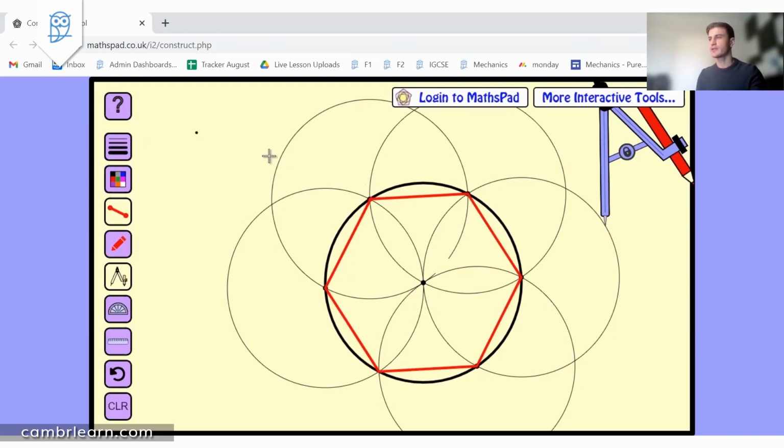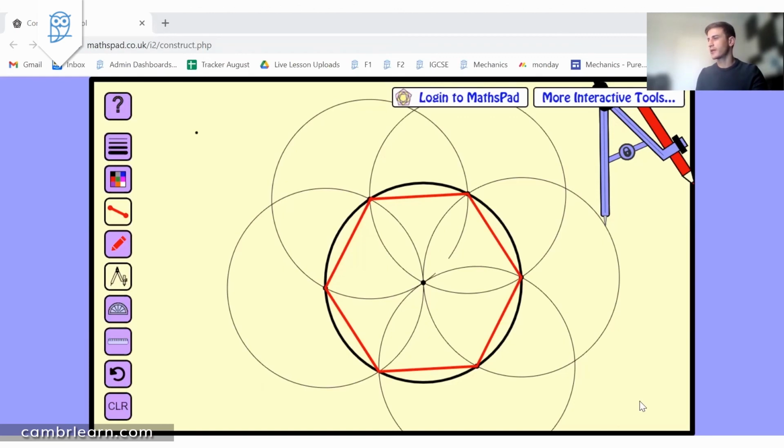I'm going to copy this and put it on my original page. Obviously we would erase these construction lines, but very important, always leave a few construction lines for the person marking to see that you did use construction lines and didn't just use a ruler to construct the hexagon.